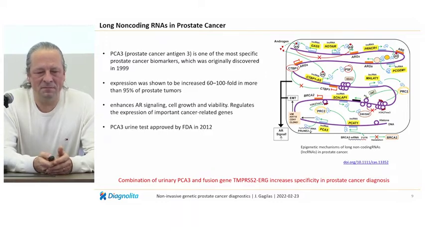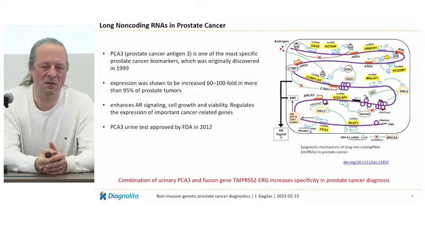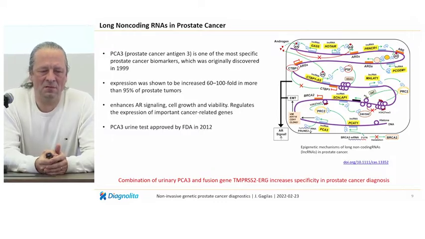And one of the first biomarkers is PCA3, which was discovered in 1999, and it was shown that this biomarker has increased expression up to 100-fold in case of prostate cancer, and this enhanced expression enhances AR signaling, cell growth and viability, and also regulates expression of other genes.